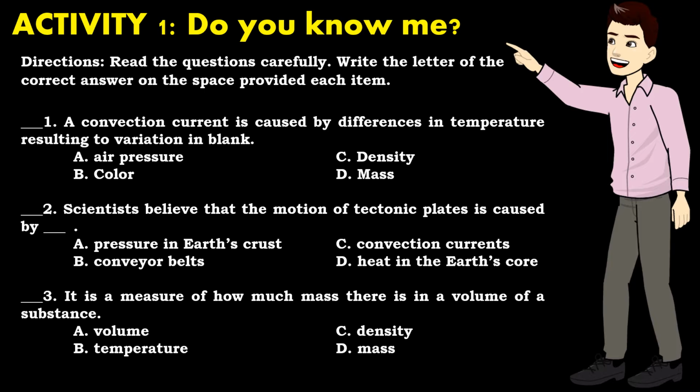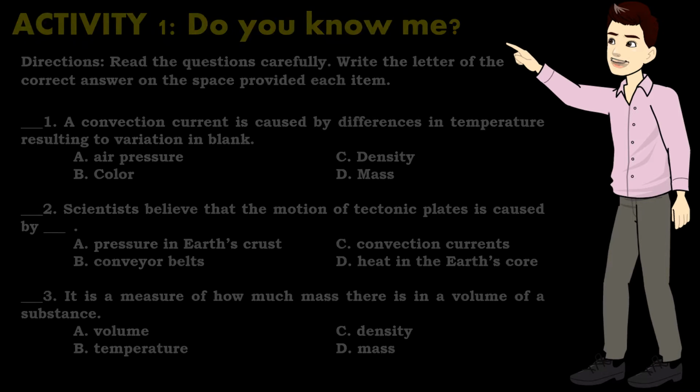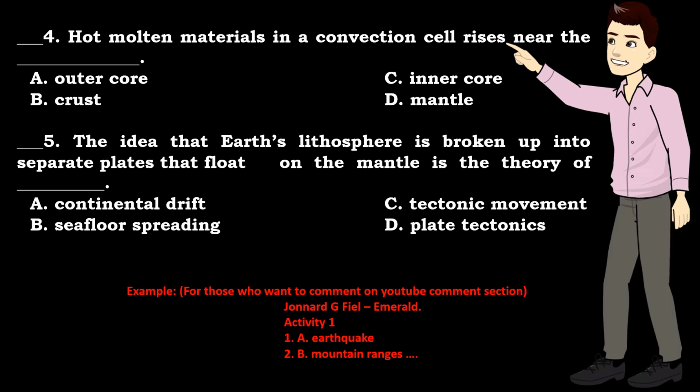B. Temperature. C. Density. D. Mass. 4. Hot molten materials in a convection cell rise near the blank. A. Outer core. B. Crust. C. Inner core. D. Mantle.